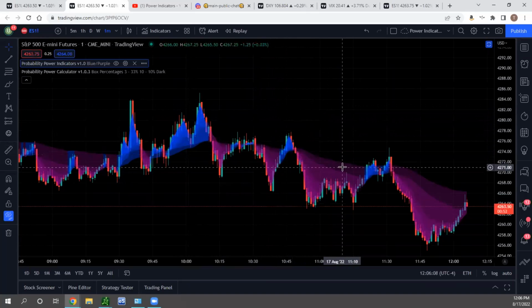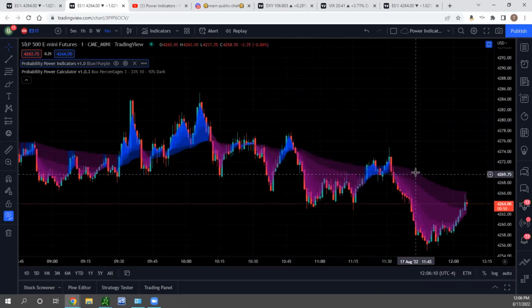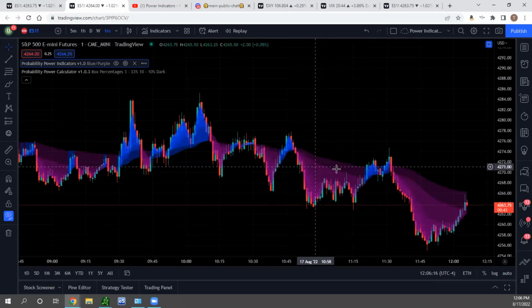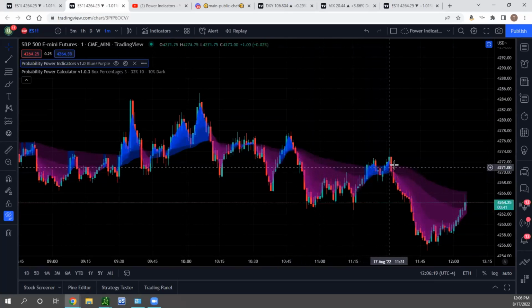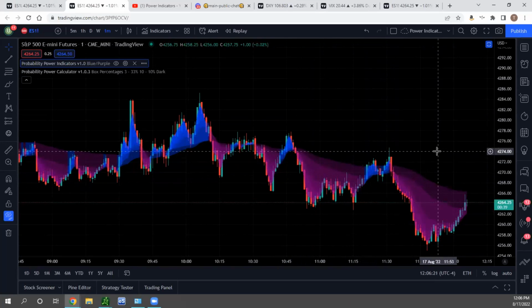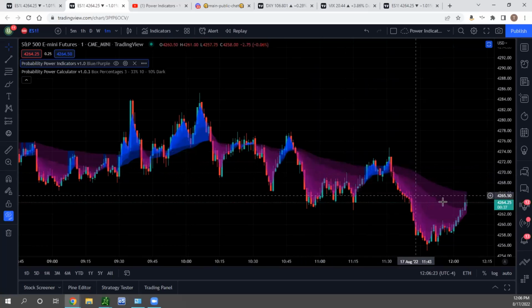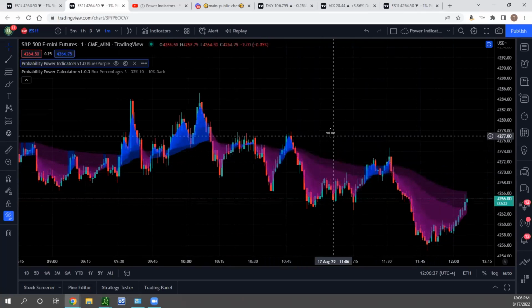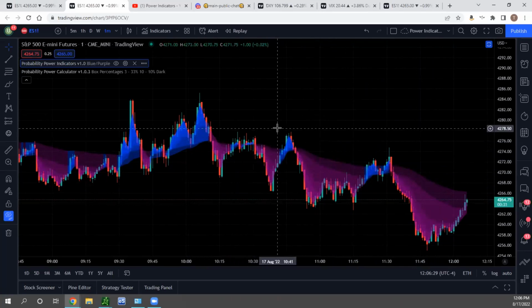You can see lately, primarily since close to the 11 o'clock hour, we've been mainly in a downtrend, had a little uptrend for a brief moment in time, but primarily a purple cloud. Again, that indicates that the power cloud shows you the trend.